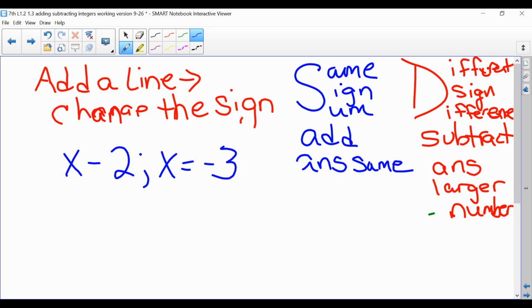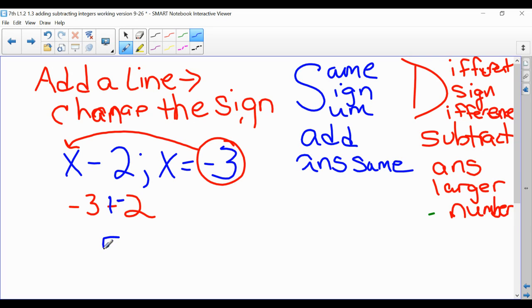So if x equals -3, I'm going to take that -3 and put it where the x is, and my new math problem becomes -3 minus 2. Add a line, change the sign, means my math problem now says -3 plus -2. Same sign sum, so I'm going to add. 3 plus 2 is 5. Answer stays the same, means it's -5.